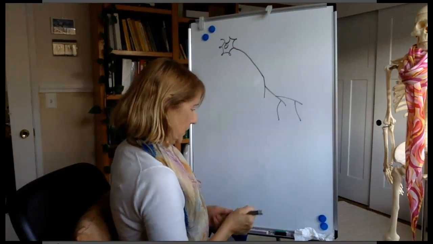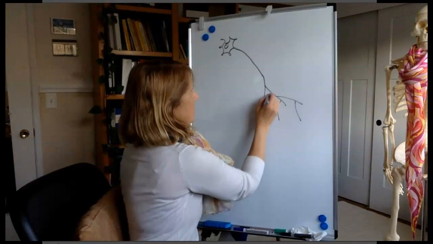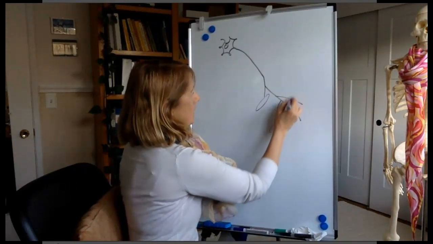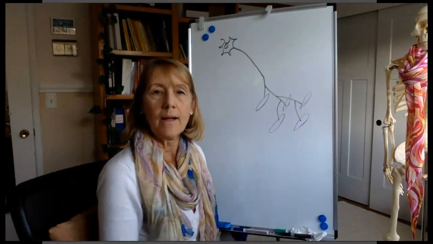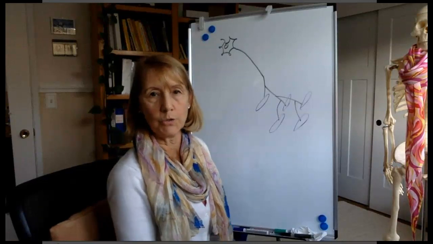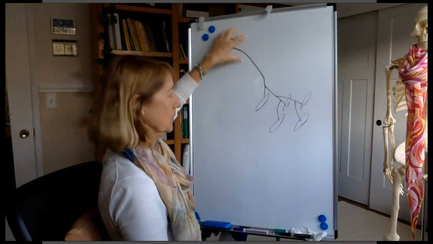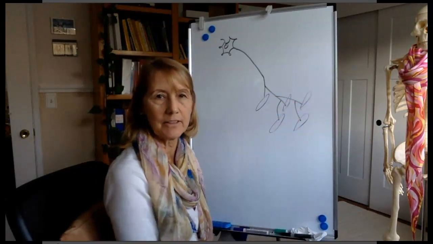So the way I drew it now, it's showing that it's branching to this muscle cell and to this one and to this one and to this one and to that one. Okay? All of this whole thing is a motor unit. It is one neuron plus all the muscle cells that it is sending its signal to.